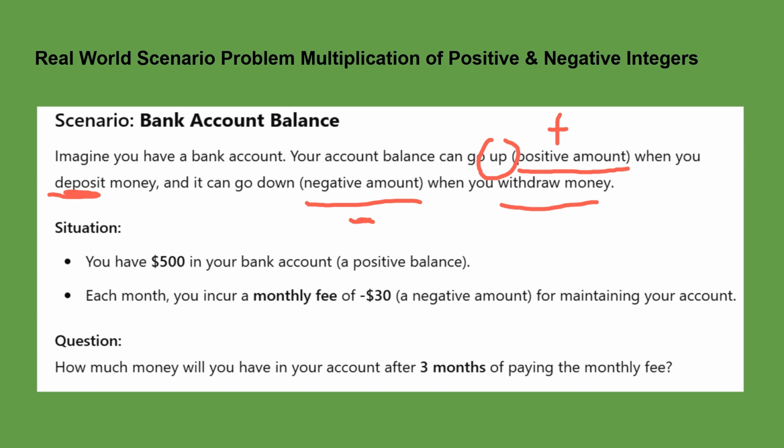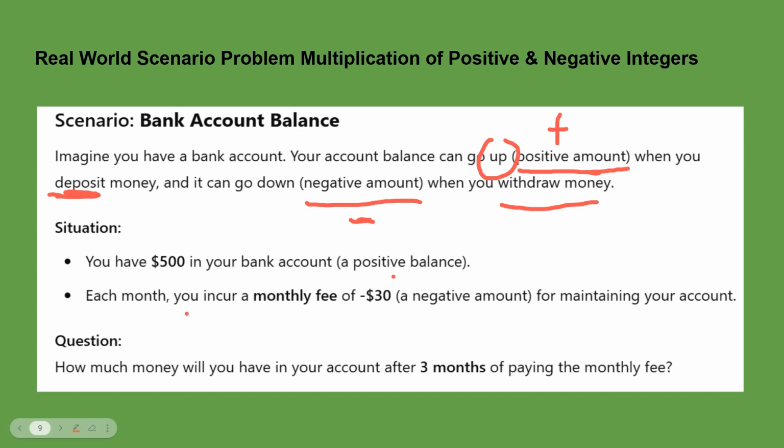So when you deposit, your balance goes up, which means it's a positive amount. And when you withdraw your money, it goes down and it means a negative amount. Now, we have a situation. You have $500 in your bank account, which is a positive balance.